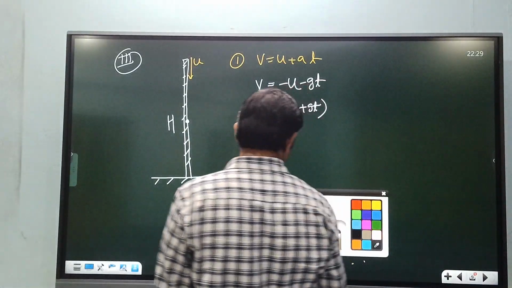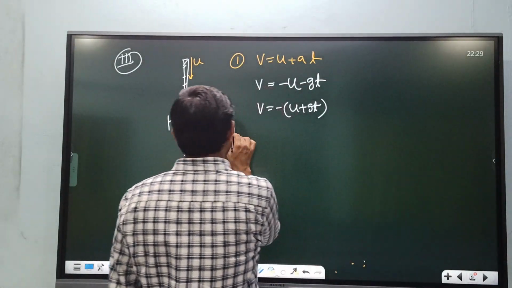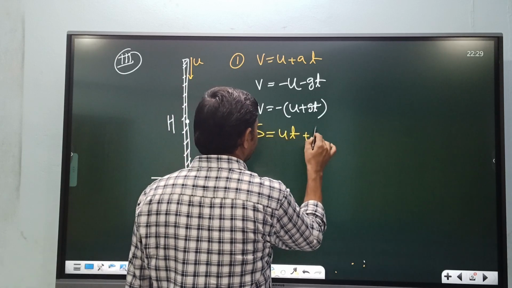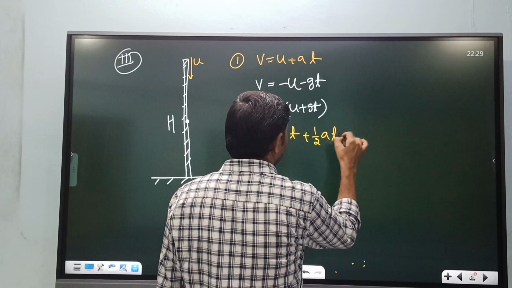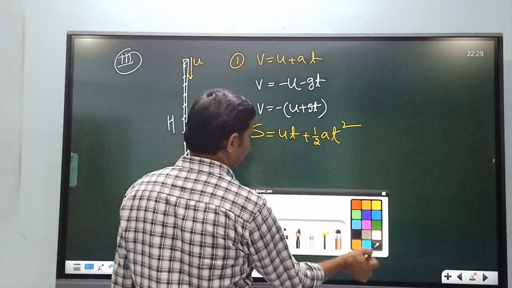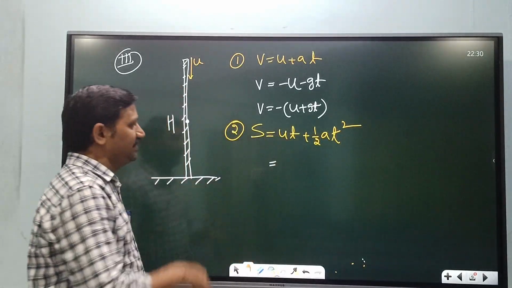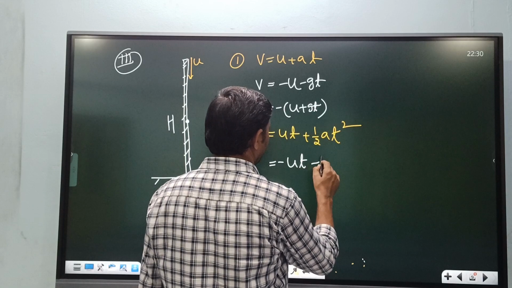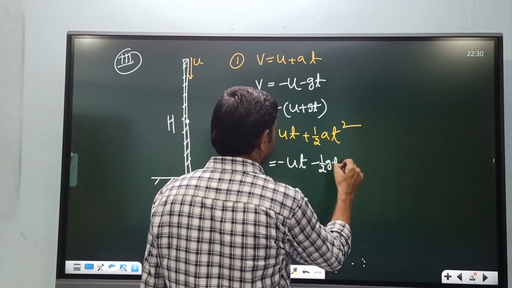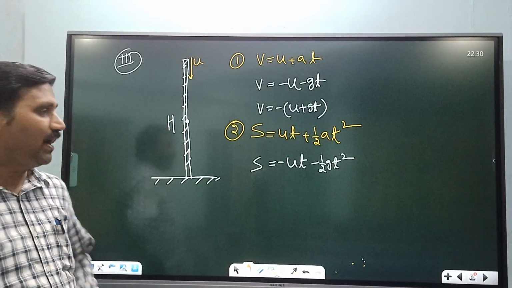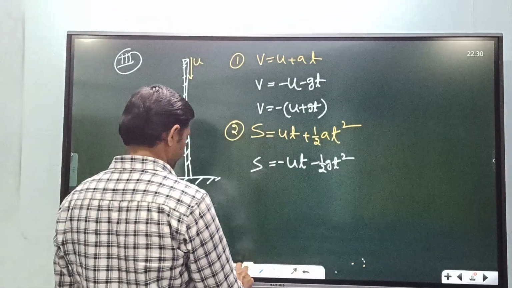Next, our second equation, s is equal to ut plus half at square. Now in this case, what is the initial velocity of the body? That is minus u. So s is equal to minus ut minus half gt square. This is our second equation. Next, what is our third equation?